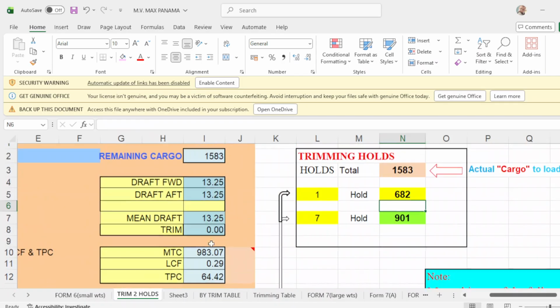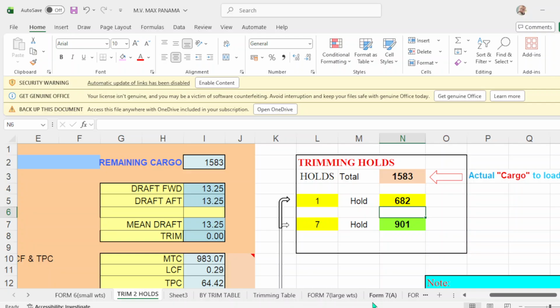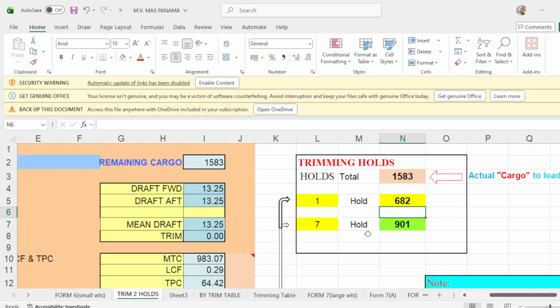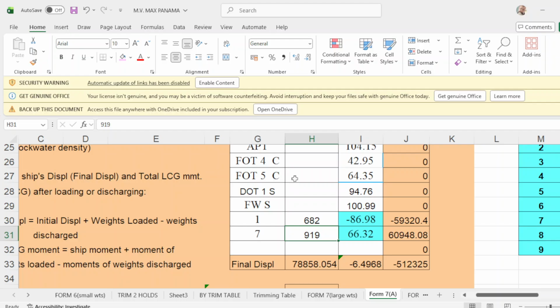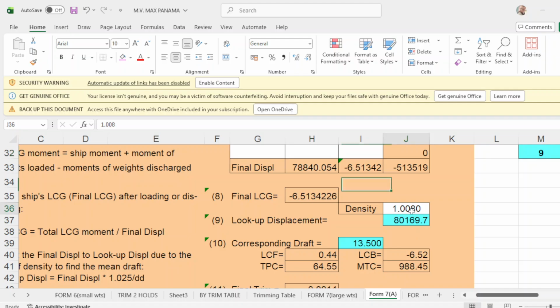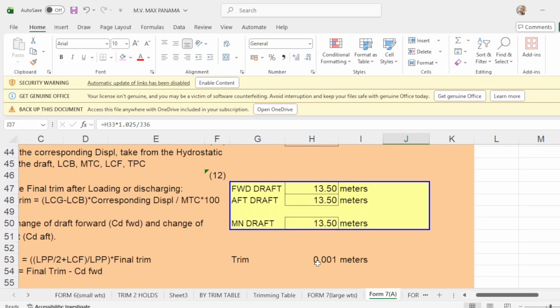So in number 1, you load 682, put there 682, and number 7 is 901. So put here 901. And after completion of loading, the density is 1.008, and your departure drop mean is 13.5, and you have an even keel.